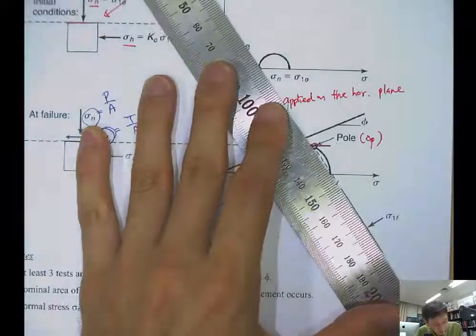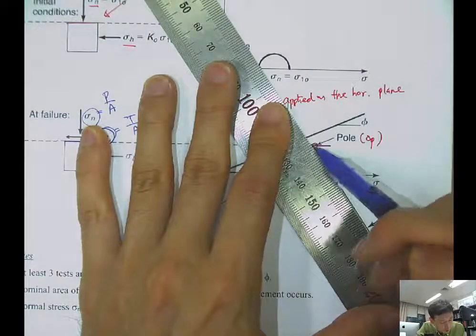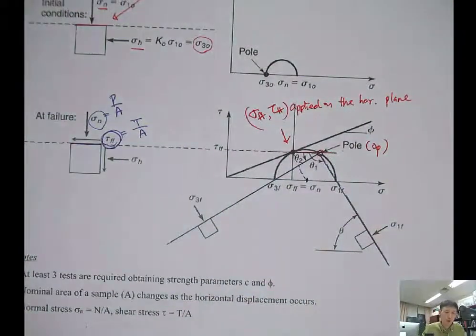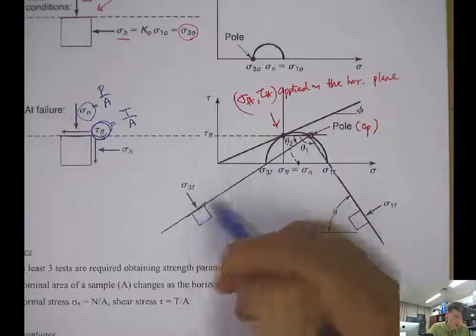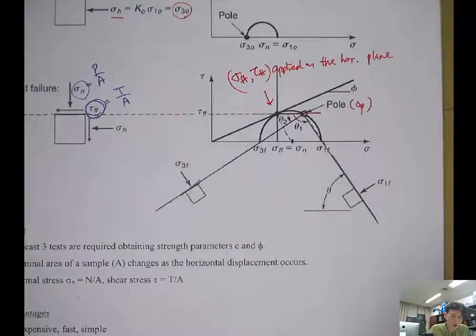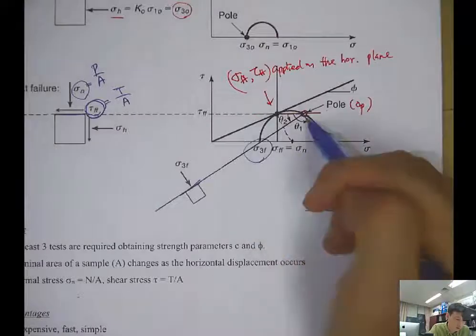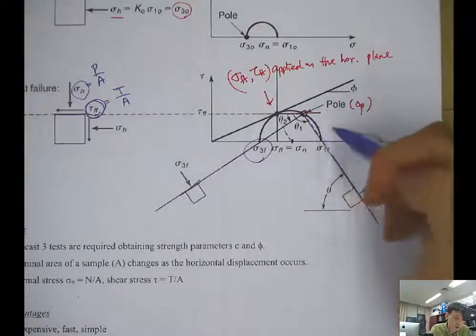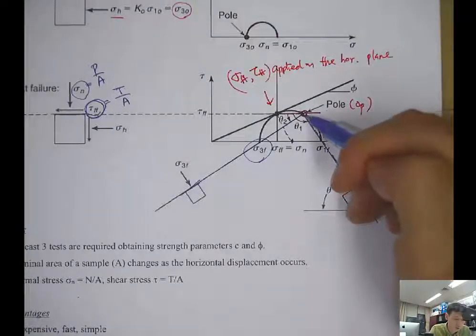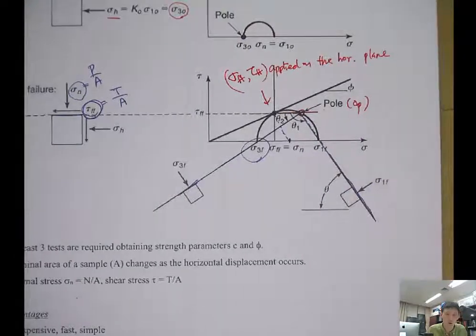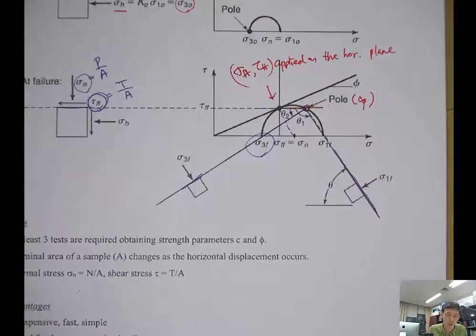From the original plane, this angle will tell you where the sigma 3f is applied, because the line is passing through sigma 3f. And when you plot the line parallel to the line from the pole to the sigma 1f, this angle will tell you where the sigma 1f is applied.